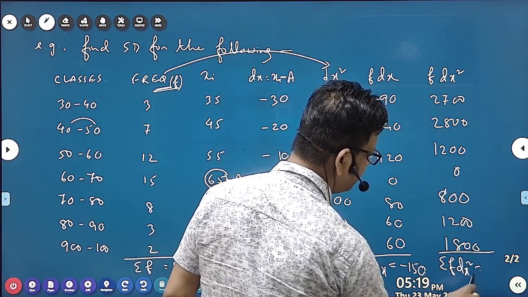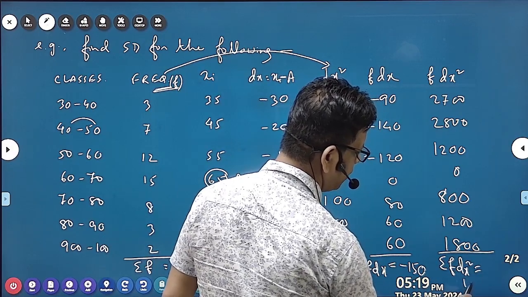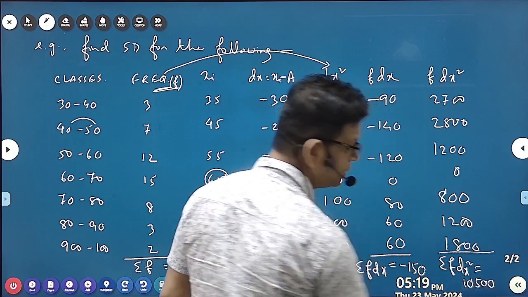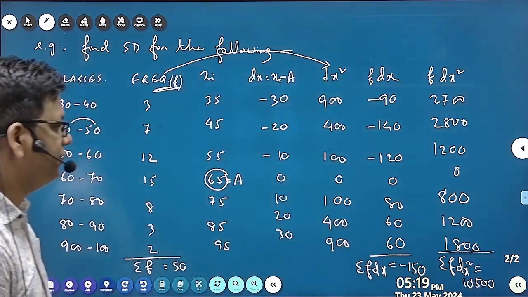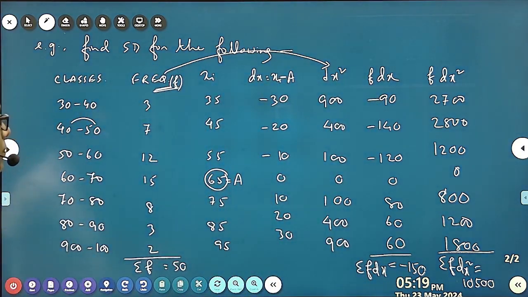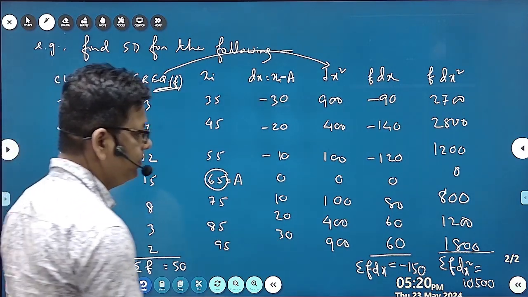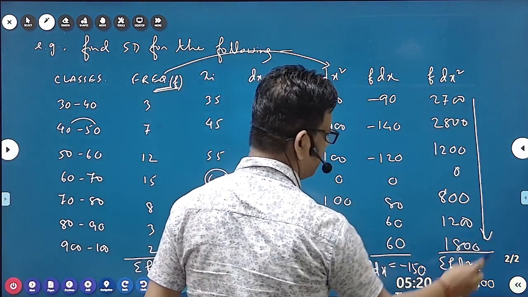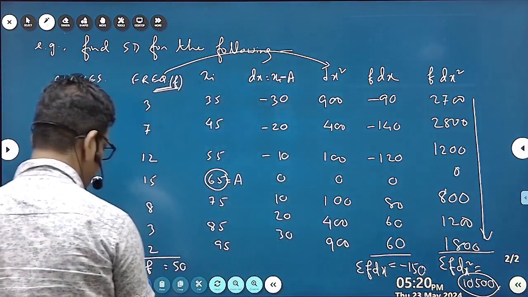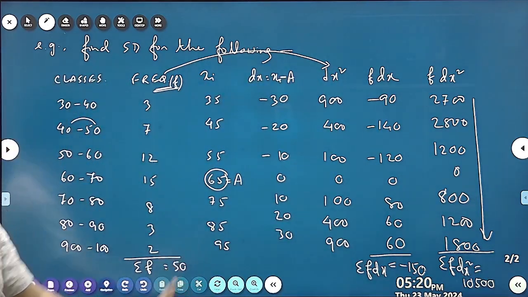Please tell me. 10500. Is it correct? Okay. So everything is now ready. Now you can put these values in the formula. So this is your 10,500, the value of f dx square after adding. Anything wrong in this? Everything is okay? Calculation is fine?